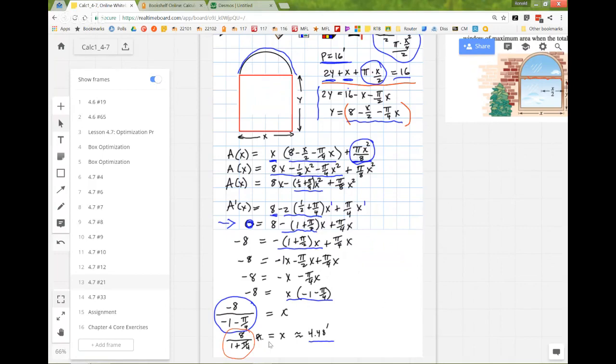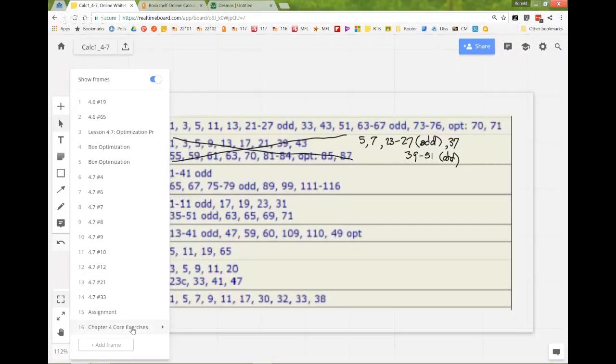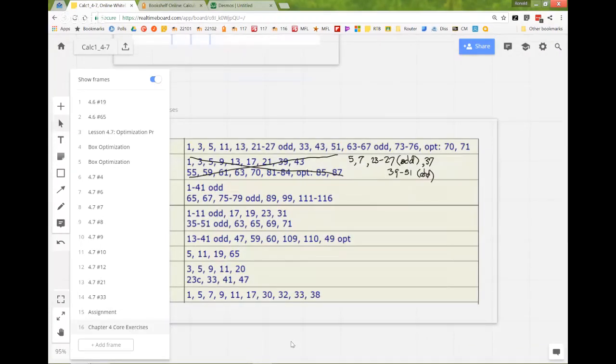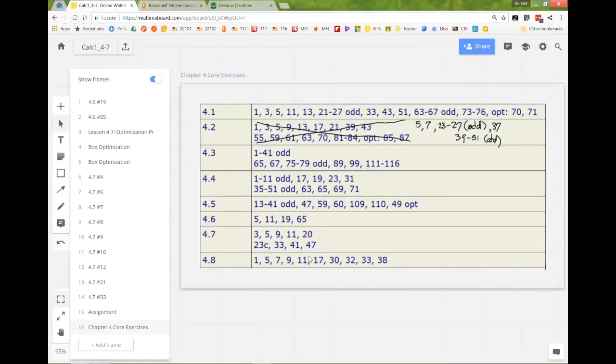So let's go to the assignment. For 7, there's a bunch of problems like the beginning ones where they're less complicated. Find two numbers that have this perimeter and have a maximum area.